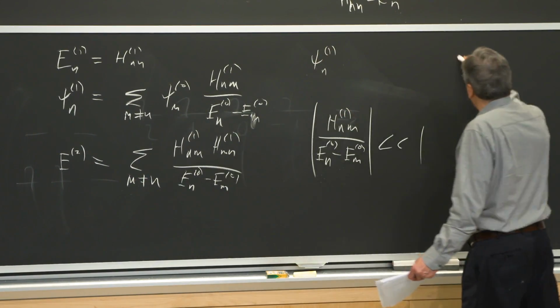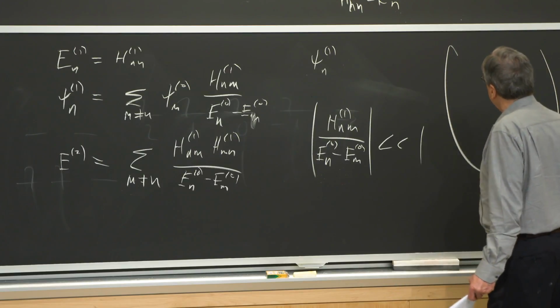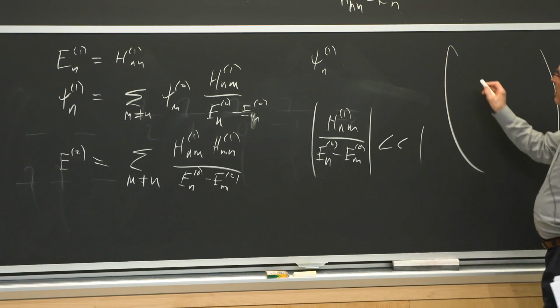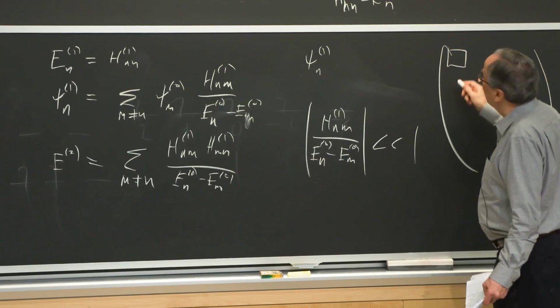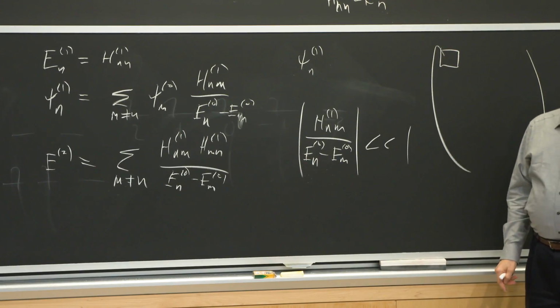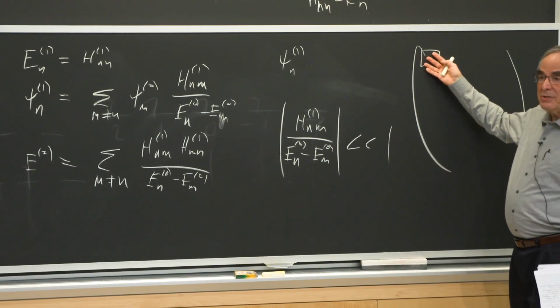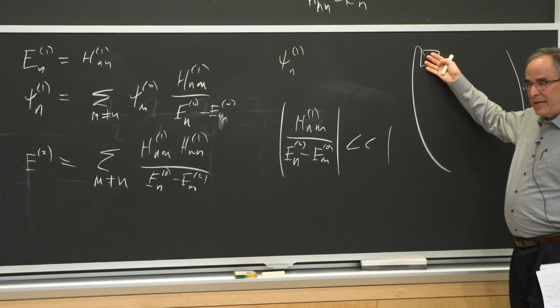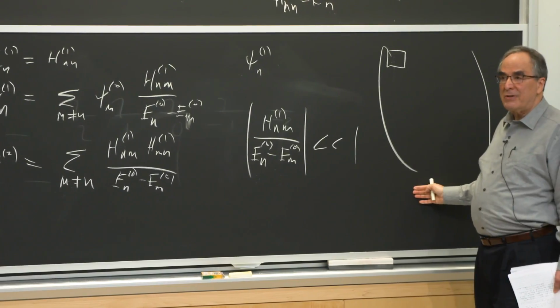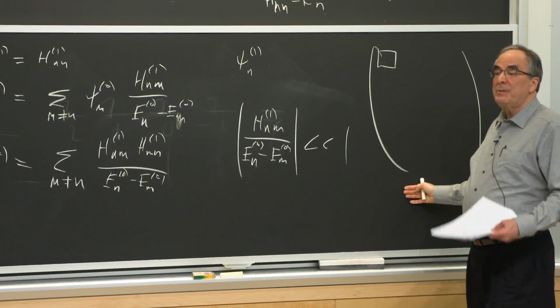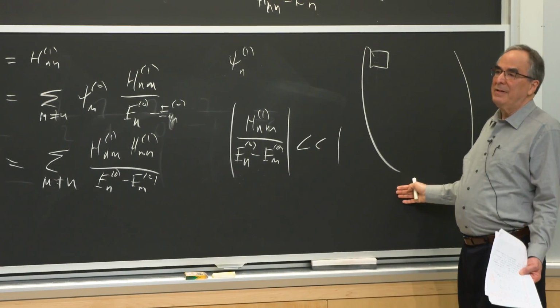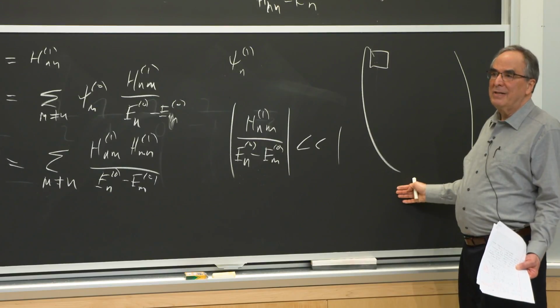But we can say, all right, here's the Hamiltonian. It's an infinite Hamiltonian, and we're interested in this little corner of it. And so all of the interactions among these states with all of the infinite others get subsumed into this infinite sum. It's a small number.